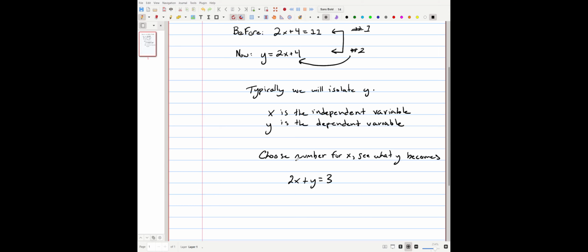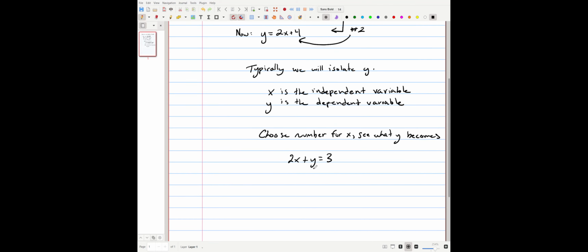Well, this is kind of like trying to figure out this question without doing algebra: 2x plus 6 equals 21. If we don't do algebra here, it's essentially just a guessing game. So the same is true here. If we don't isolate y, it's really hard to figure out what numbers work here.